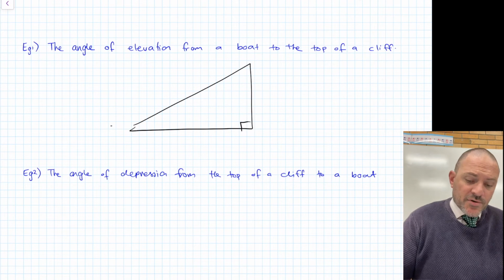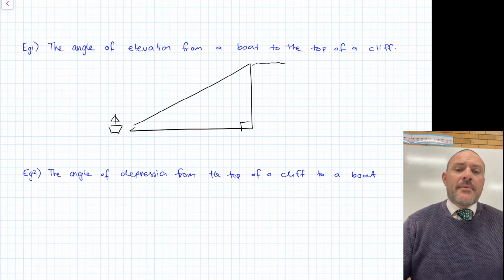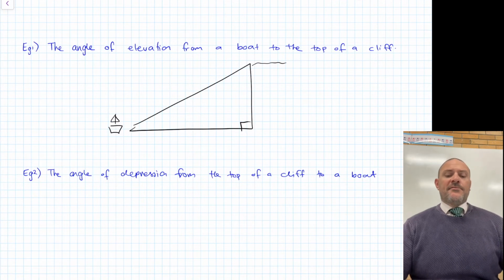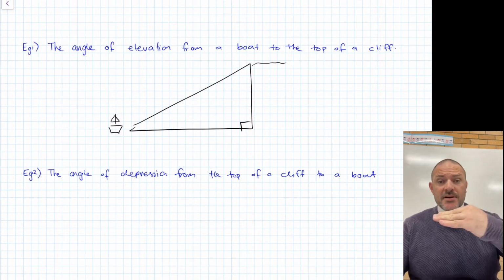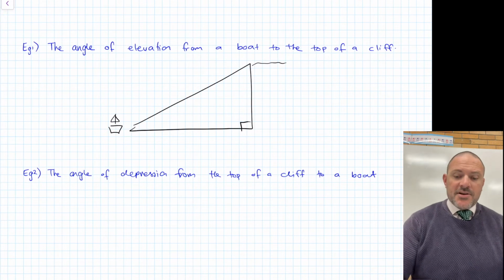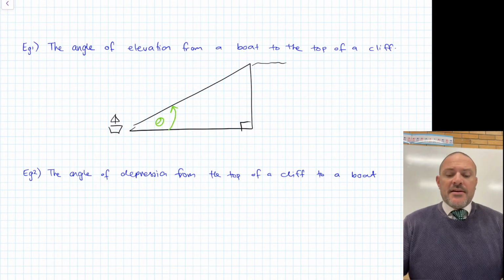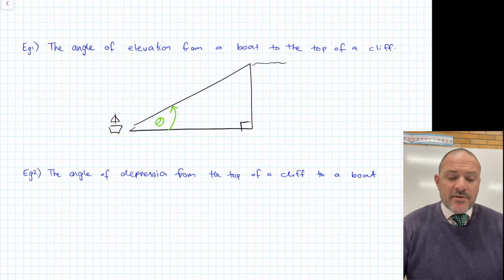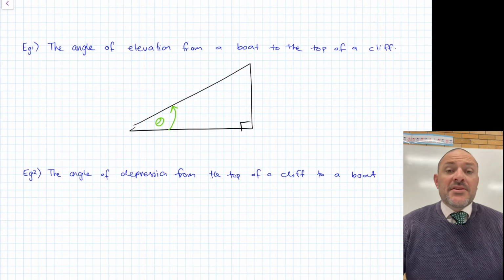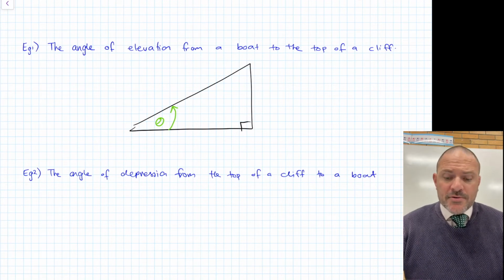Now, of course, you could draw a little boat here if you wanted to. You could show that's my little cliff up the top there. And what we're looking for is angle of elevation from the boat up to the top of the cliff. And so you can see the angle of elevation is sitting inside that area there. Okay, now often when I'm doing these diagrams, I don't bother putting little pictures there because they detract me from what's actually happening for my right angle triangle.